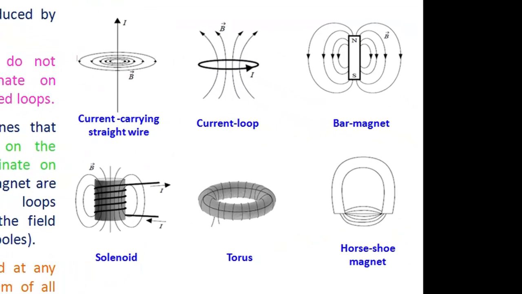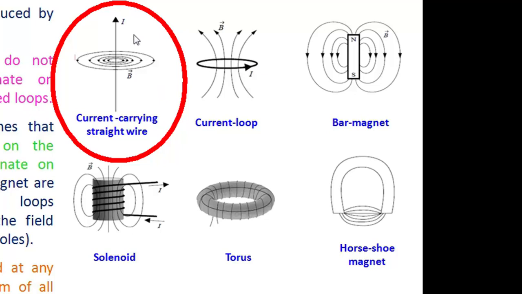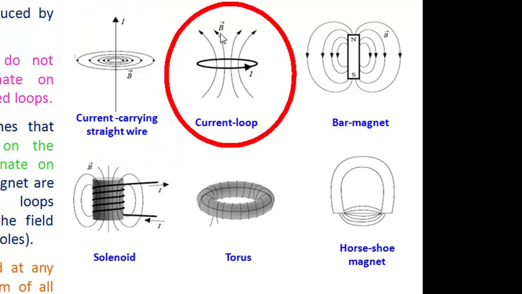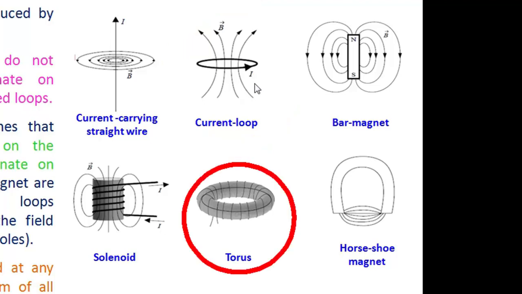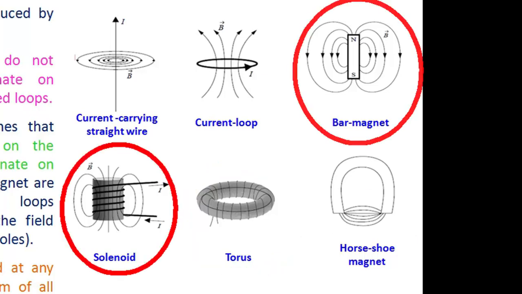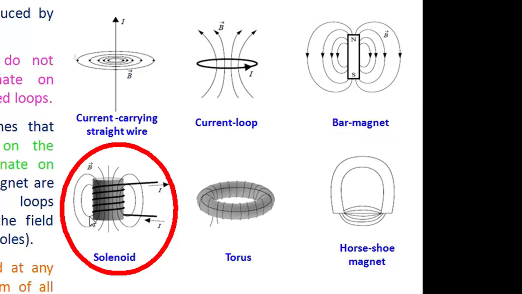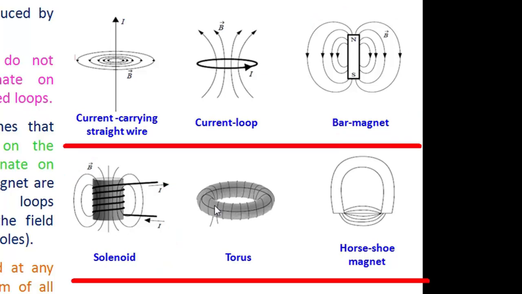You can see here an infinite straight wire carrying current I, a circular loop of radius R carrying current I, a torus with n turns and radius R carrying current I, a bar magnet, and a solenoid with n turns and length L carrying current I. And these are all examples where a number of magnetic field lines pass through different enclosed surfaces.